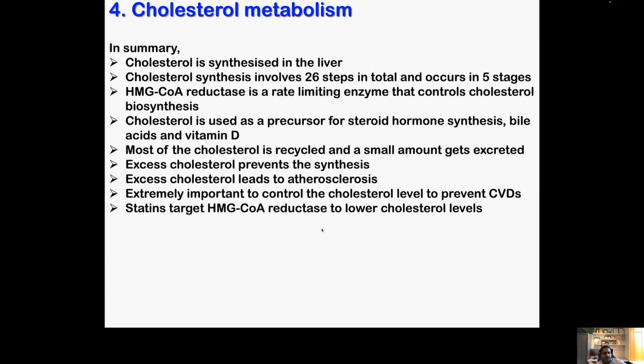Excess cholesterol prevents the synthesis, and excess cholesterol will also lead to atherosclerosis. It's extremely important to control the cholesterol level in order to prevent the progression of cardiovascular diseases in the body. And statins, which are cholesterol reducing drugs, mainly target HMG-CoA reductase to lower the cholesterol levels in the body.